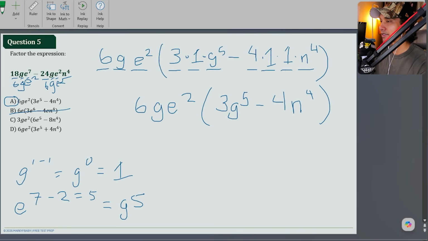We need to find the greatest common factor, the one that could be cleanly taken out and where nothing else could be taken out from either term. That gets rid of C. And that leaves us with A and D. And then if we look over here, this has a minus sign and this has a minus sign. So A is correct. This one has a positive sign. We weren't adding these terms at all. So get rid of D, leaving us with A.